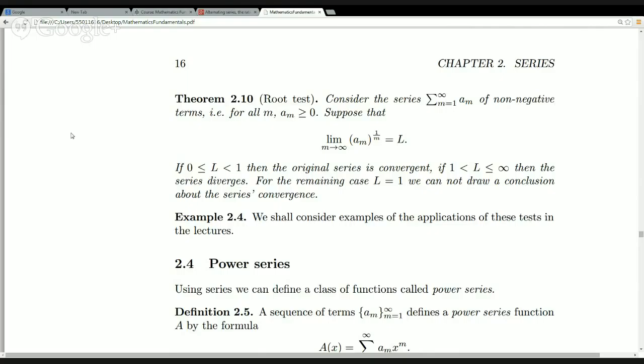So that's saying that a_m is approximately a geometric term. It's approximately this quantity L raised to the power m. So this thing is a geometric term.